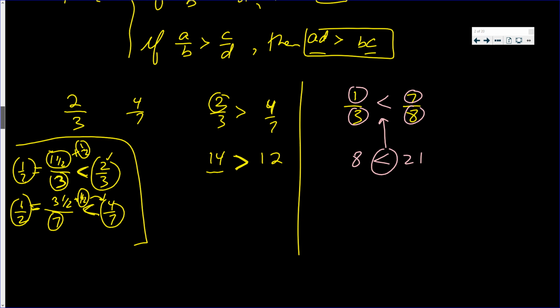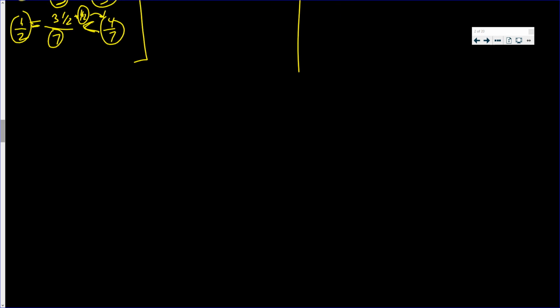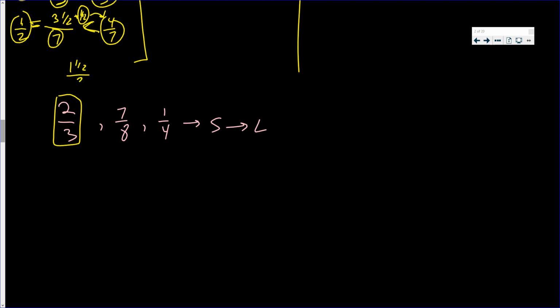Okay. So, let's try this problem. Suppose you have 2/3, 7/8, and 1/4. And the question is to go from small to large. Now, notice that with respect to a half, with a 3 in the bottom, you need to have 1.5 out of 3.